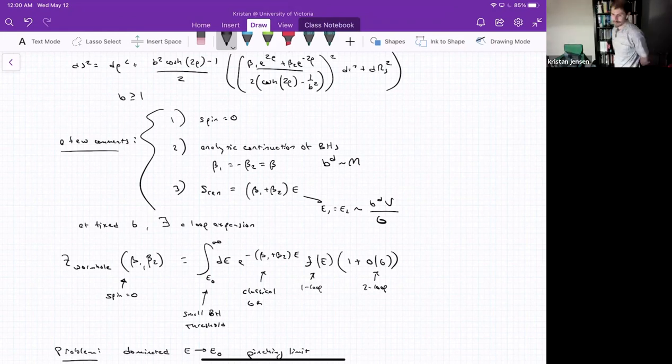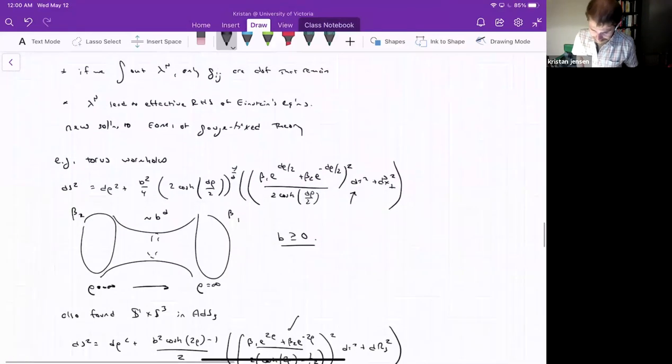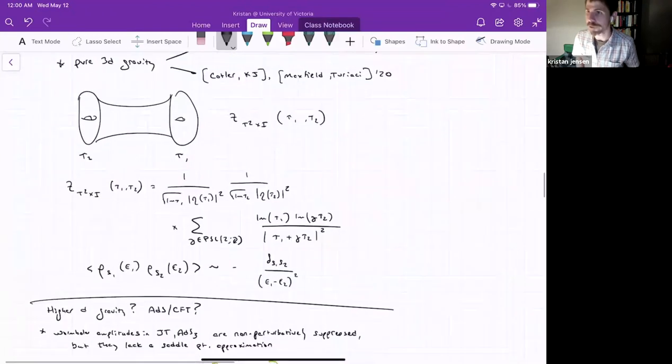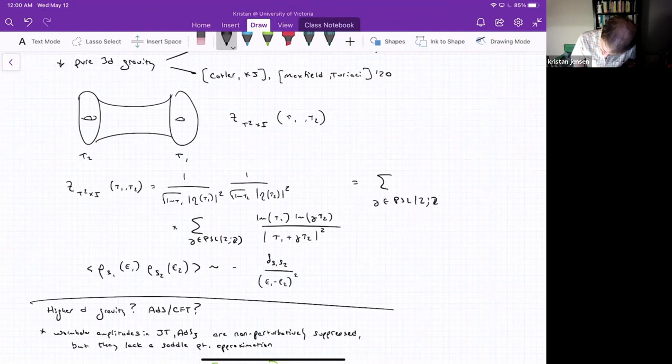And the way that we were able to do this was the fact that this whole answer you can write as a modular sum of something that we called a pre-amplitude.